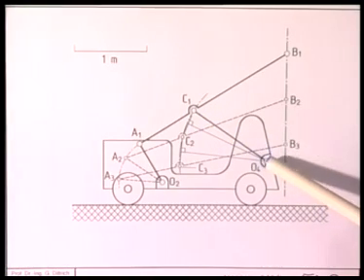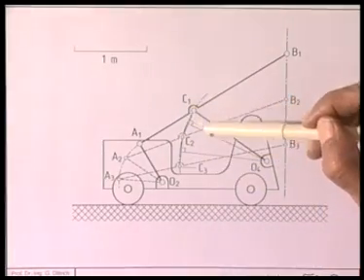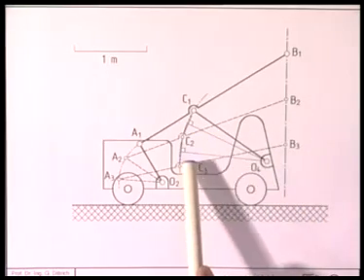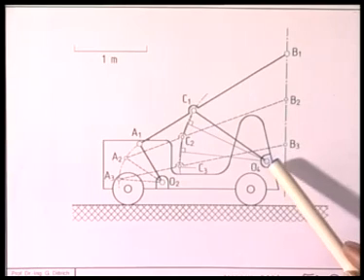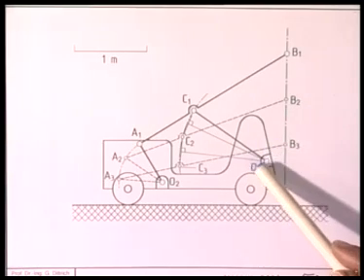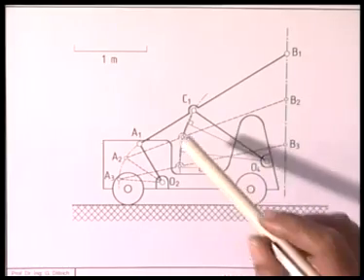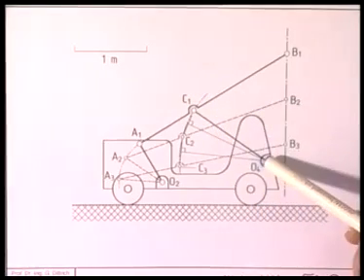The center can be easily determined by drawing the mid-normal of C1, C2, which is this line, and the mid-normal of C2, C3, which is this line, and these two lines intersect at O4, determining the required location of the fixed hinge O4.